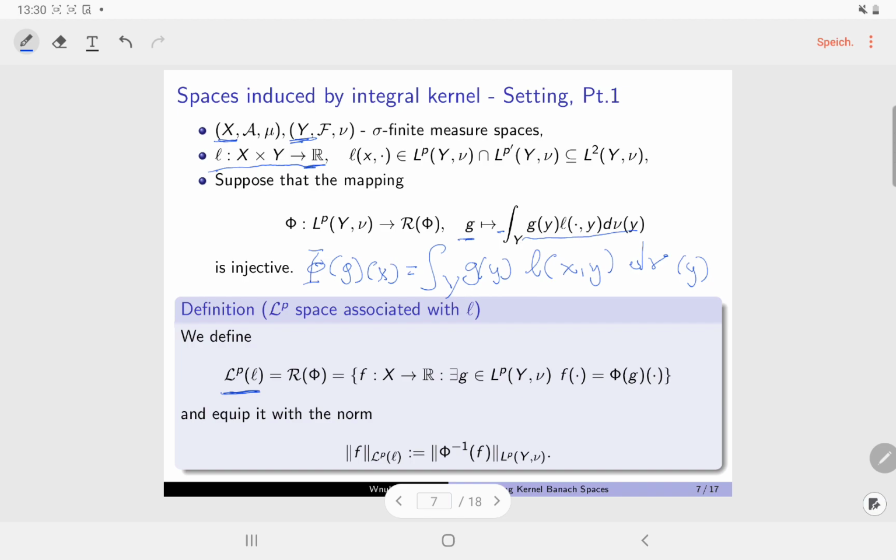That is, it consists of all the functions f from X to R such that there exists a function g in L^p of Y such that f is just phi of g. Moreover, since we have assumed that phi is injective, we may simply transport the norm from L^p of Y to our L^p of L, which is seen by this formula.